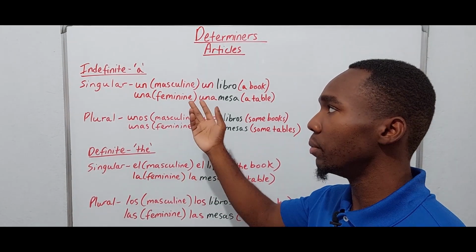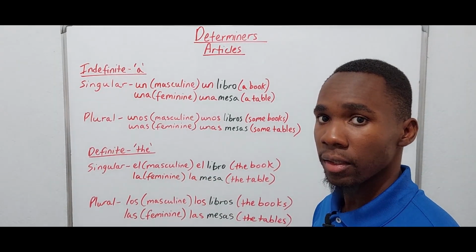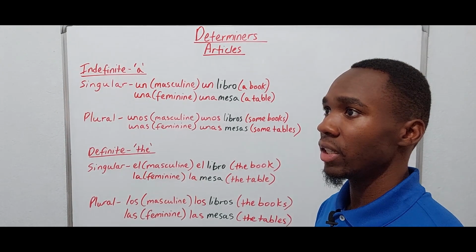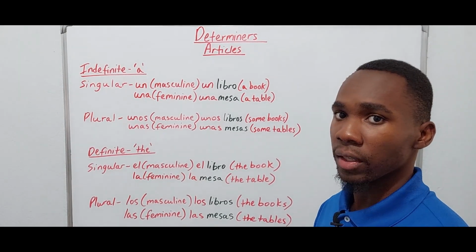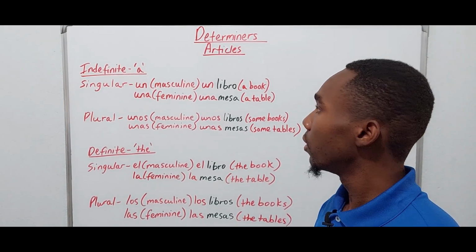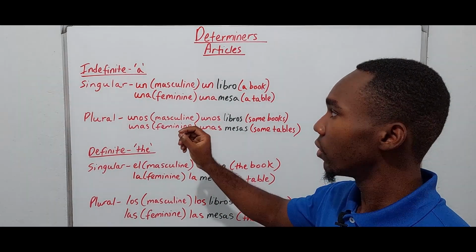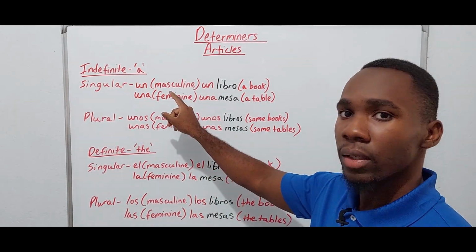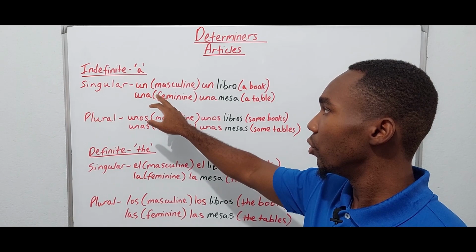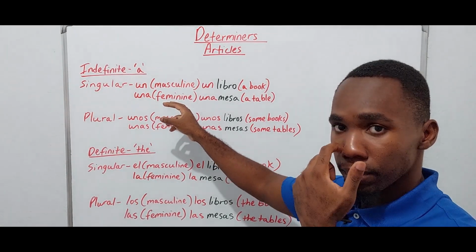The indefinite would be a, right? So that is not really referring to anything specific. That's more general, okay? So in Spanish, a could either be un or una, right?